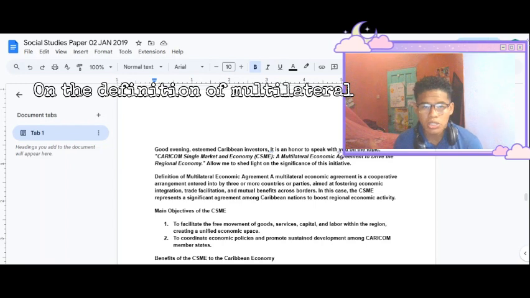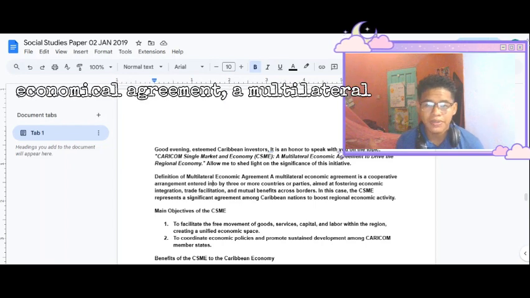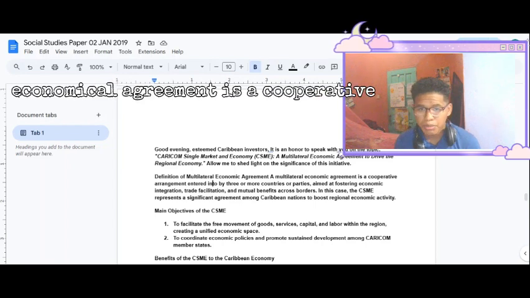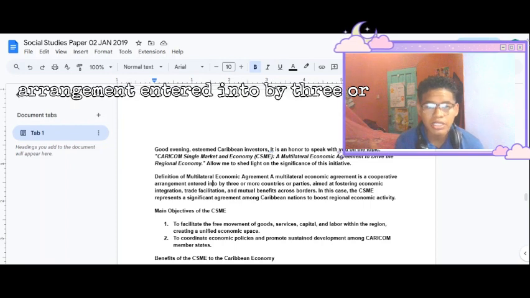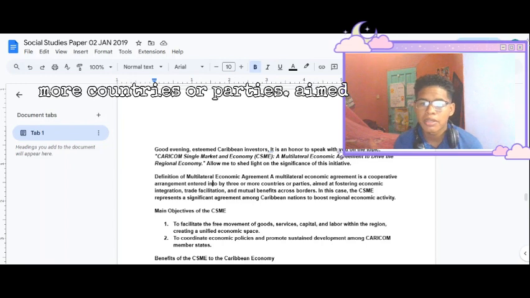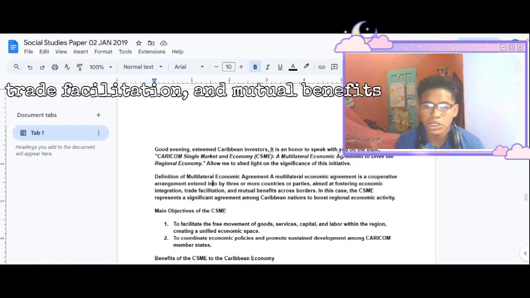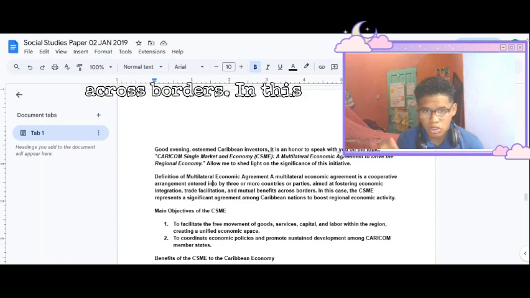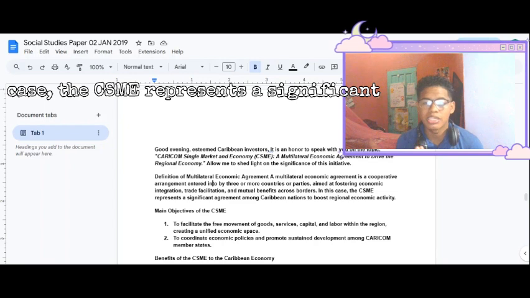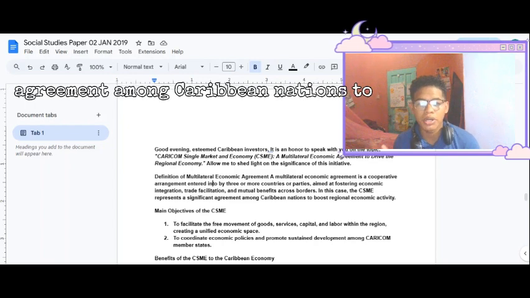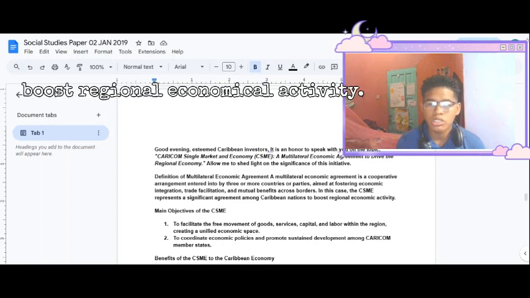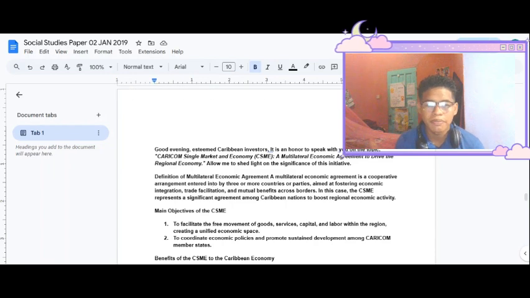On the definition of multilateral economic agreement: a multilateral economic agreement is a cooperative arrangement entered into by three or more countries or parties, aimed at fostering economic integration, trade facilitation, and mutual benefits across borders. In this case, the CSME represents a significant agreement among Caribbean nations to boost regional economic activity.